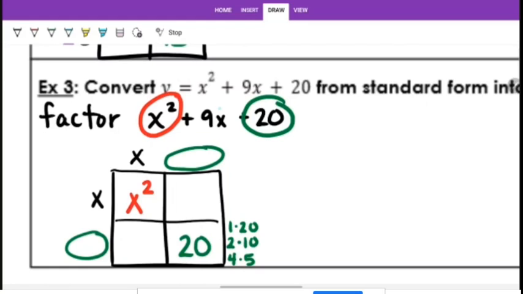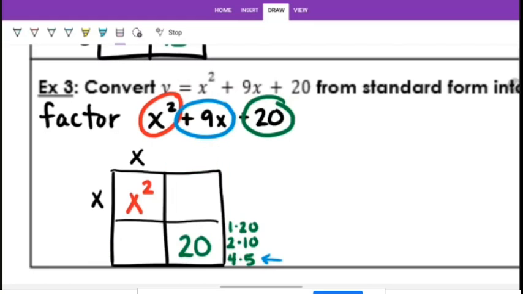Keep in mind, the number we're trying to get in the middle is 9x. So pick a combination of values from your list that happens to add up to 9x. 4 plus 5 will give us 9, so that's going to work.